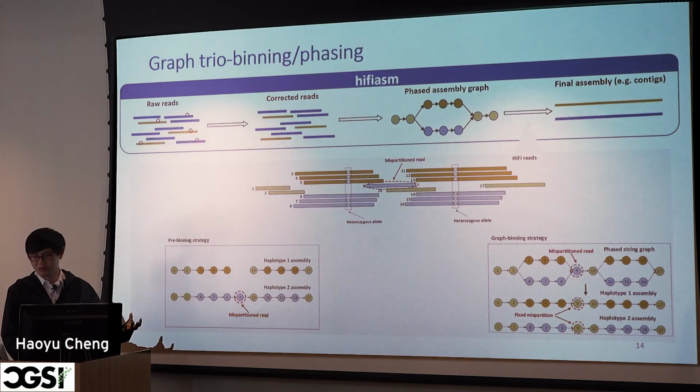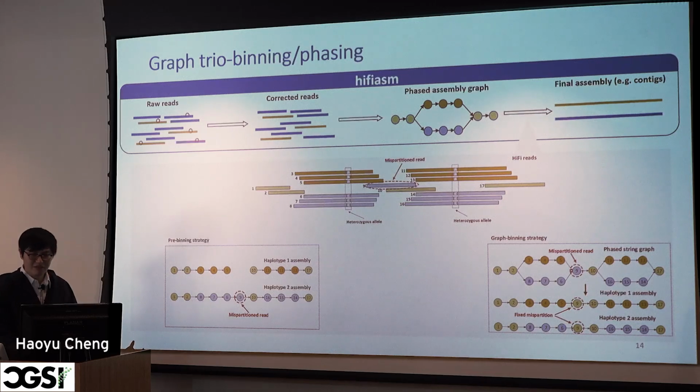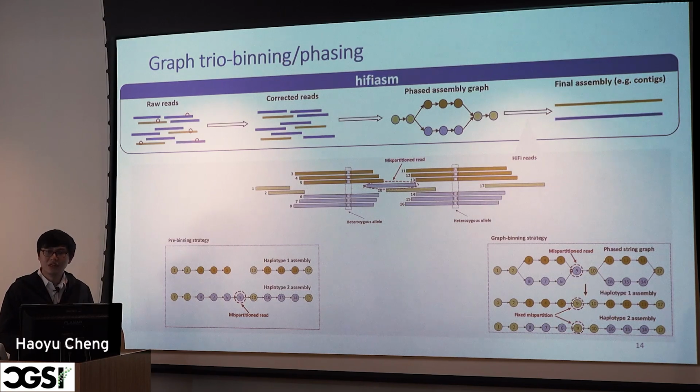It should be partitioned to both haplotypes. So theoretically, this method combines the information globally from the parental data and also the local information within the assembly graph to get better results. But the pre-binning strategy, like most of the existing methods, loses all this type of graph information.